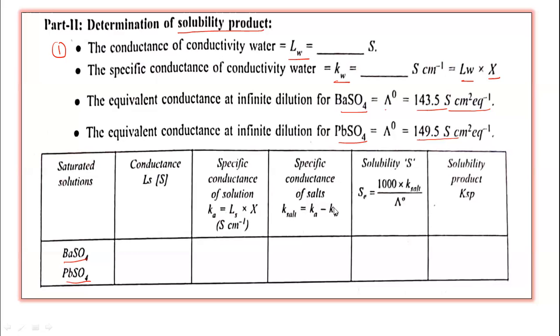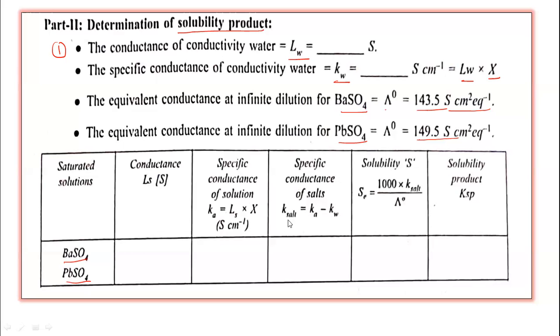Actually, in many cases, it has been found that water generally shows zero conductance. But if water does show conductance, then we have to calculate the specific conductance of the water and subtract it from the specific conductance of the solution.